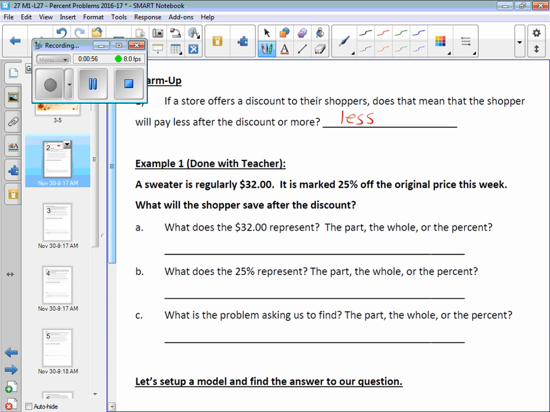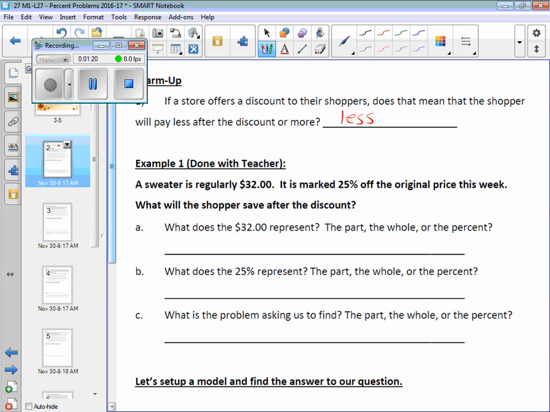Doesn't make any sense. Why would you go to the store? First of all, no pair of jeans, unless of course you're a celebrity, because designer jeans, I guess, are thousands of dollars. But you're not going to go to the mall and pay $5,000 for a pair of jeans. So look back to make sure that your answers make sense. You're going to wind up paying less than the original price.